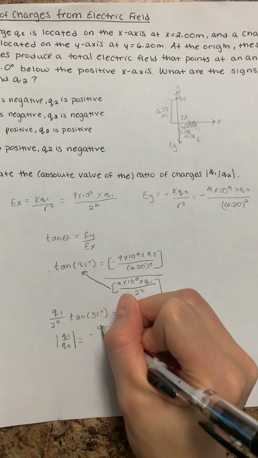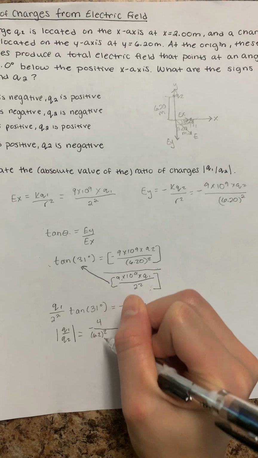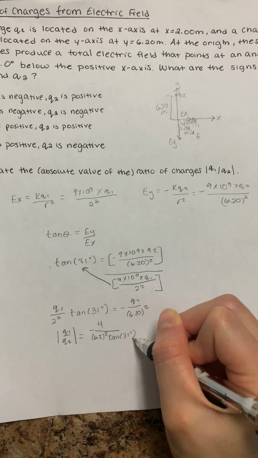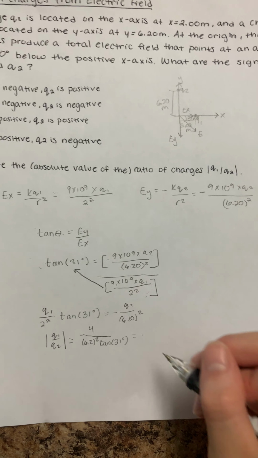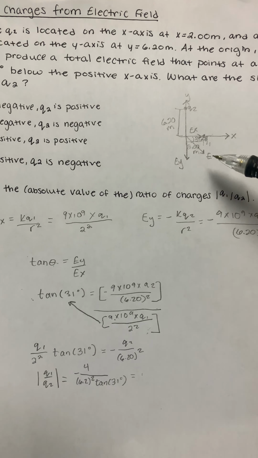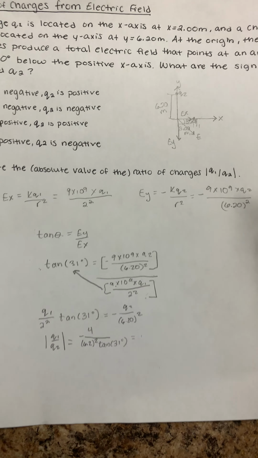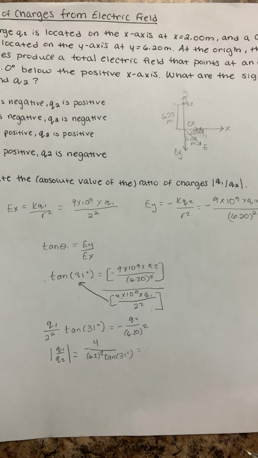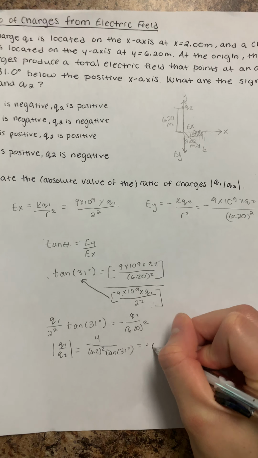And this will give us negative 4 over 6.2 squared, tangent of 31 degrees. And this will give us a negative number because, as we've already established up here, our total electric field will be negative, but since the ratio has absolute value bars, the actual answer will end up being positive.